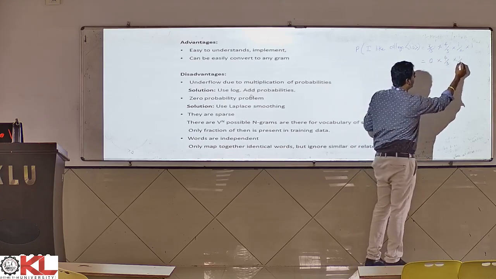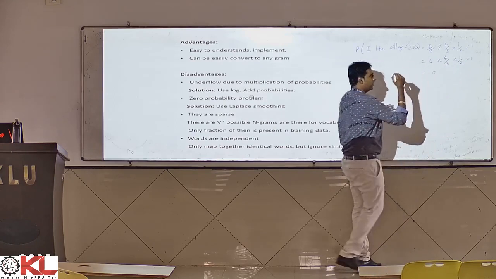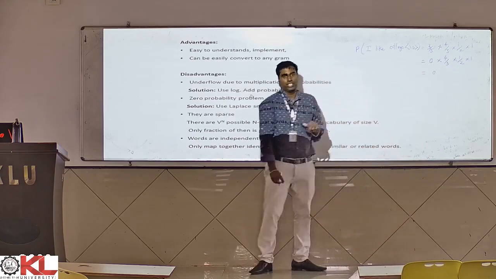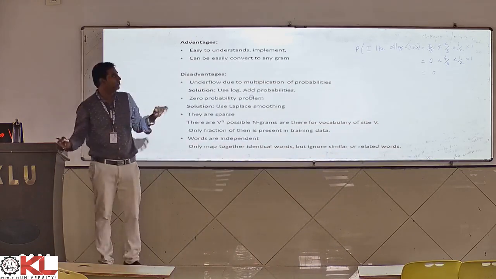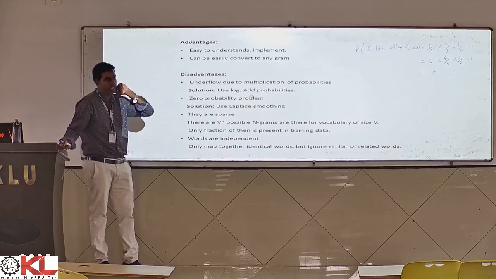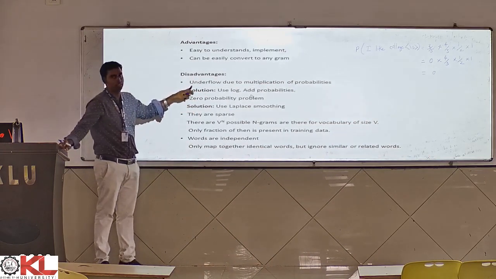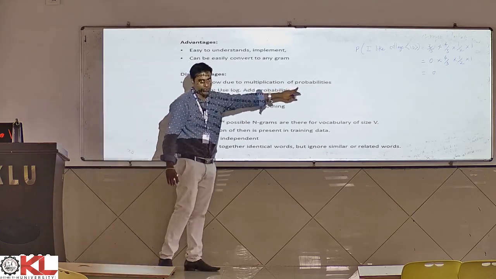Even though the other probabilities are higher, the end result will be 0. This is one of the major drawbacks of using multiplication in this scenario. That is what is written here: underflow due to multiplication of probabilities.